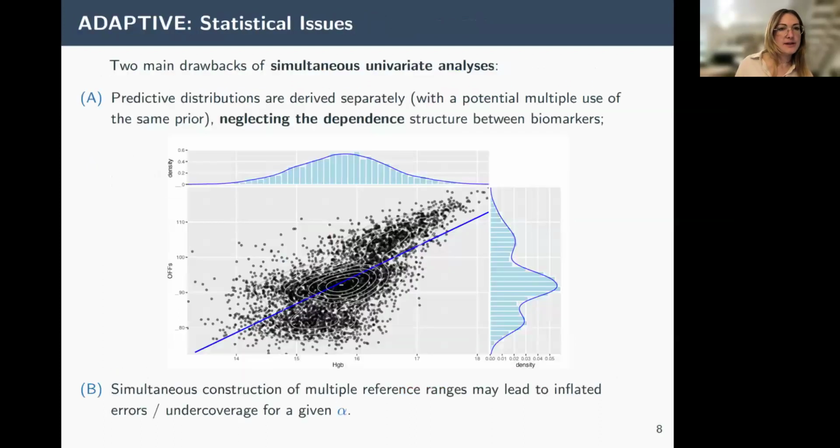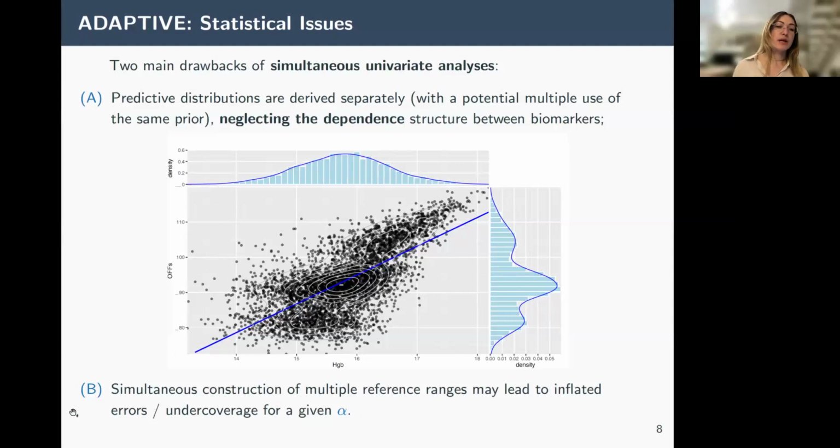So the first type of issues are the statistical issues, because we are doing some simultaneous univariate analysis, and this may, when one constructs multiple reference ranges and the same level alpha, for example, the same miscoverage or significance level is considered, lead to inflated undercoverage or inflated type 1 errors.